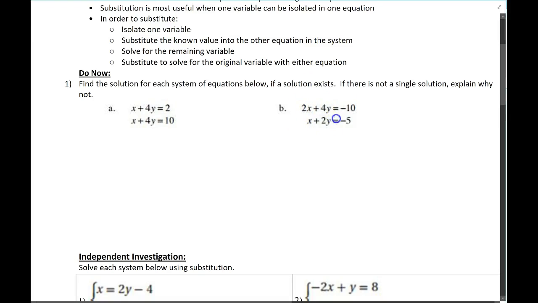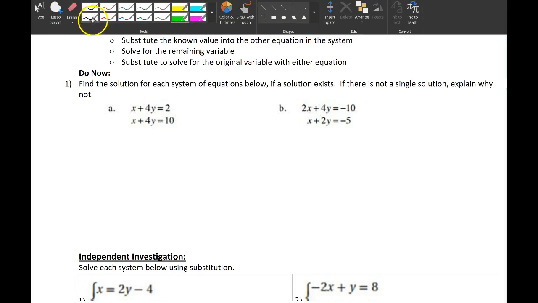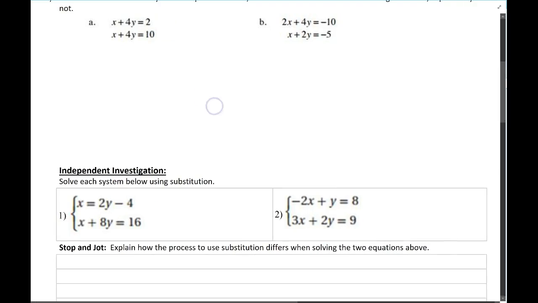So what you end up with is a no solution for A and an infinite solution for B. But that is not what we're looking at today.